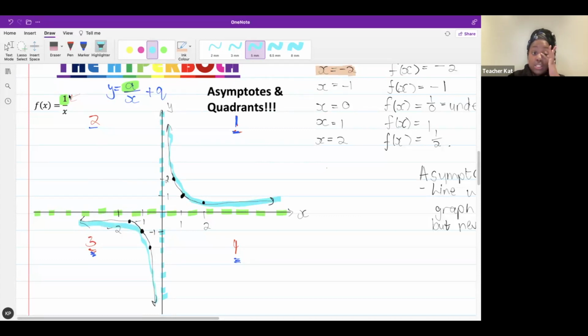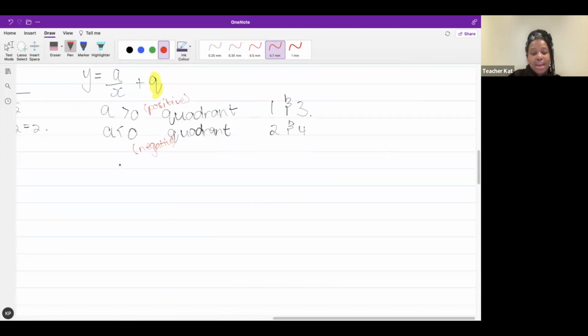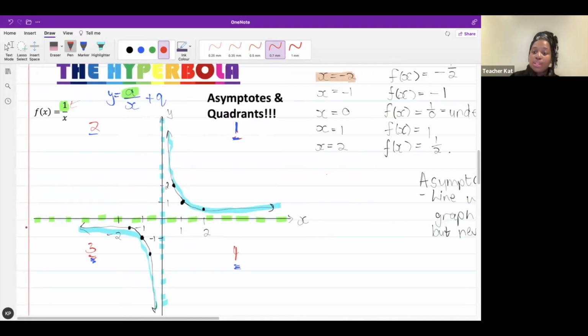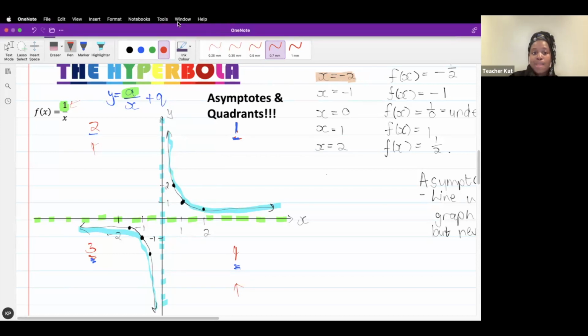But if I had gotten an a that was less than 0, for example if my equation was y is equal to negative 4 over x, then I know that it was going to be in quadrants 2 and 4. Does that make sense, princess? I hope so.